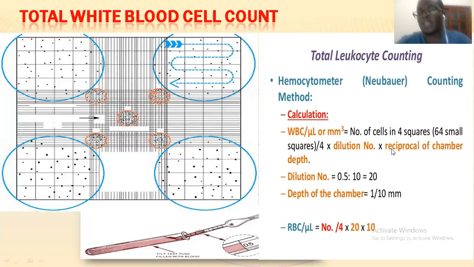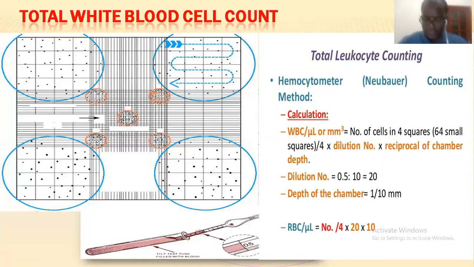Then you multiply by the reciprocal of the chamber depth. For the dilution number, we say that you are mixing 0.5 of blood into 10 parts of the diluting fluid, so the dilution factor or number is 20. The depth of the chamber is 1/10 millimeter. So the number of cells that you have counted in all the 4 squares, divided by 4, multiplied by 20 times 10.